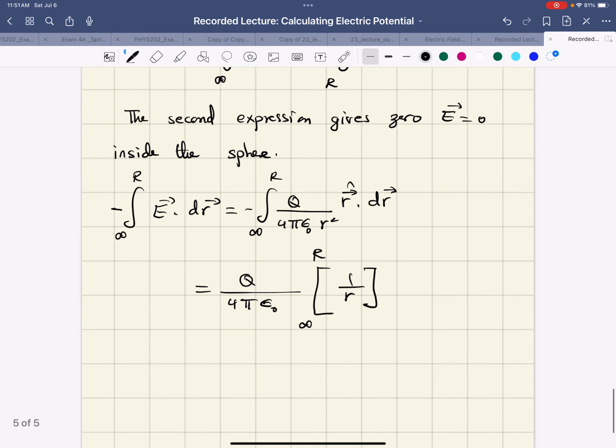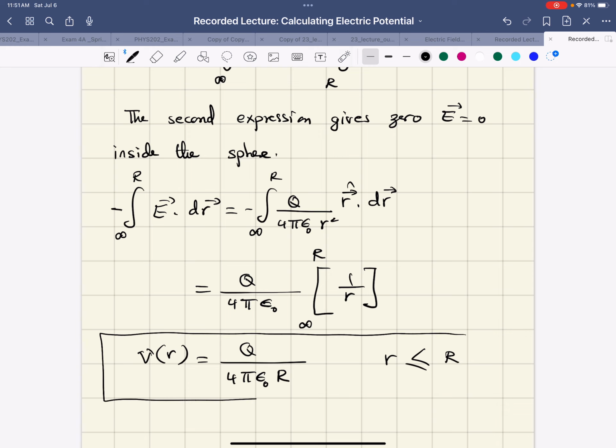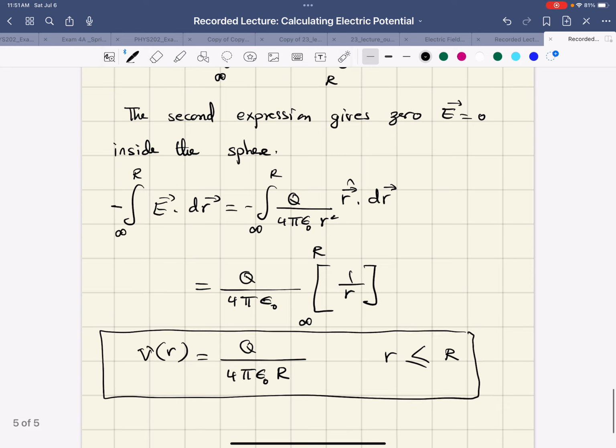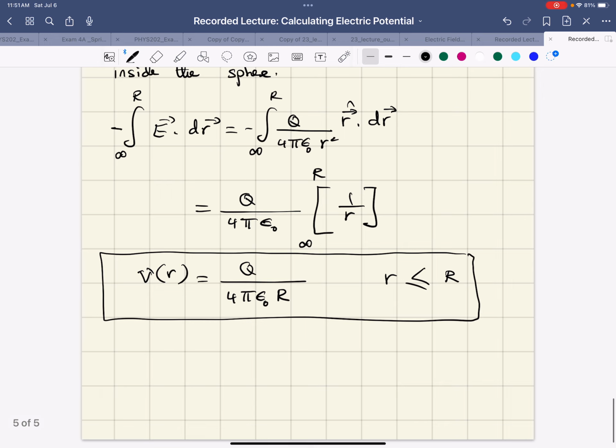Therefore, this is the expression, and it is a constant value. If your point is inside the sphere or on the surface of the sphere, all the points have the same potential.